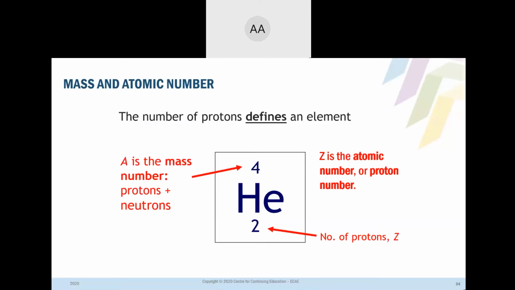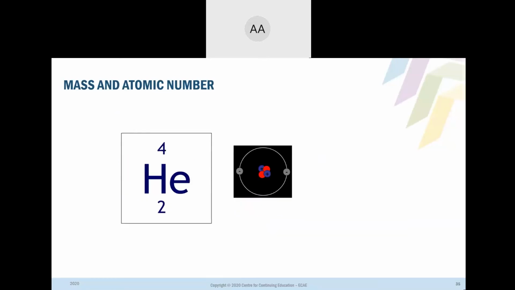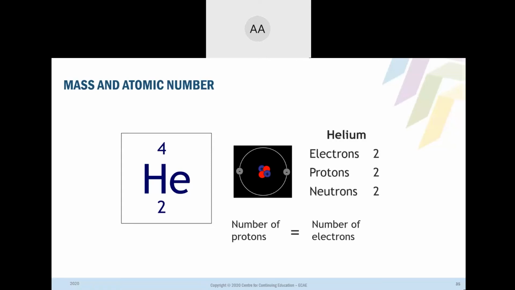Some nice revision there for you all. So when we look at this information, helium, 2 electrons, 2 protons, 2 neutrons. The number of protons is always equal to the number of electrons.